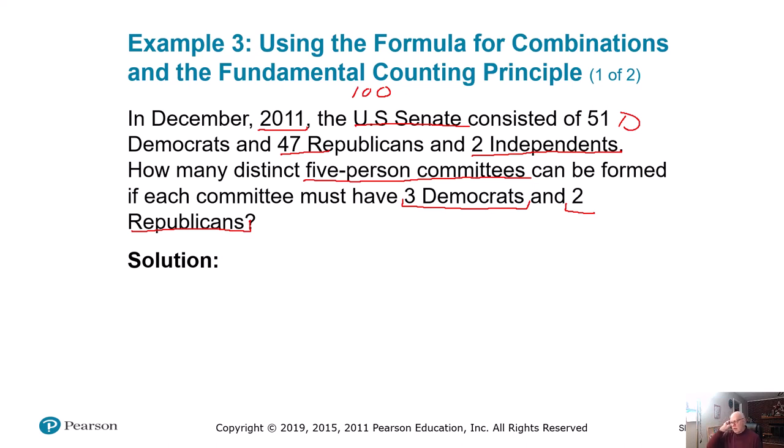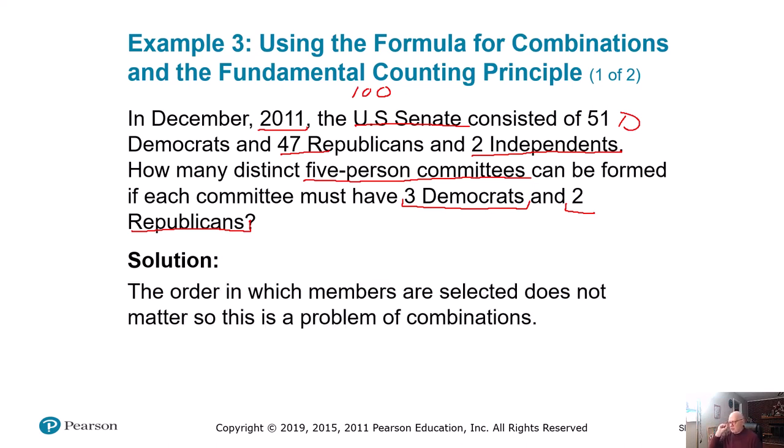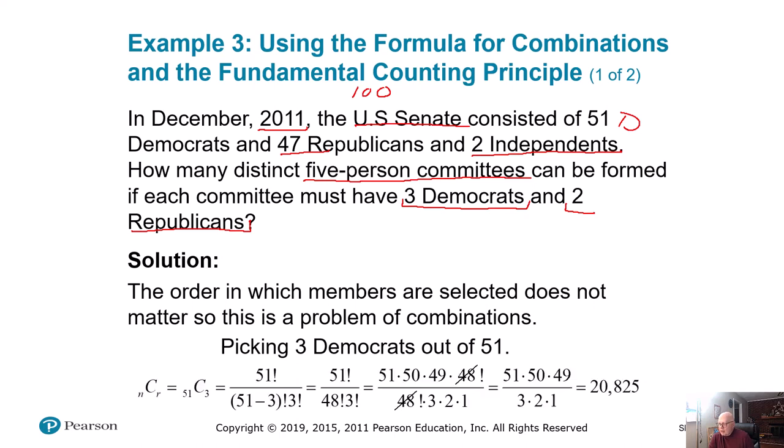Well, let's take a look at the 2. Order doesn't matter when we're picking Democrats or we're picking Republicans. So first of all, we're going to pick the 3 Democrats. We're picking 3 out of 51. It doesn't matter when they're chosen, so order does not matter. So we'll have a combination of 51 senators, and we're choosing 3 out of those 51.